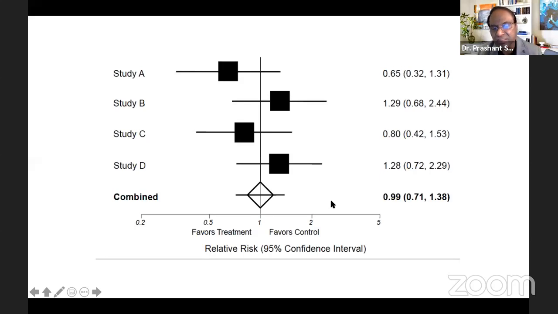So in this case, if you're comparing a treatment with the placebo, your conclusion will be the treatment is not effective. It is as good as a placebo. These lines, okay, on the left and the right, they represent 95% confidence interval. And you can see that these lines, they are passing through this center line, which simply telling you that the results are not statistically significant.